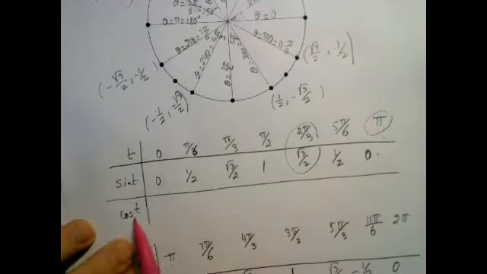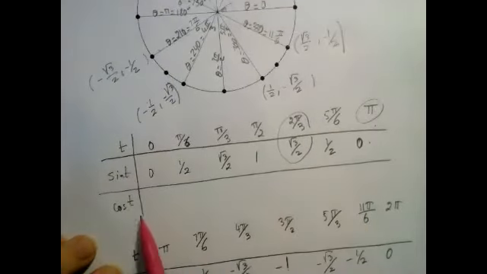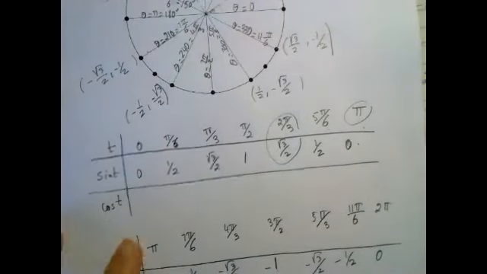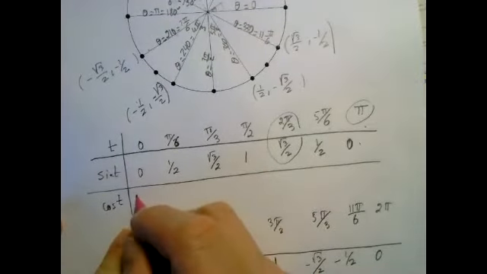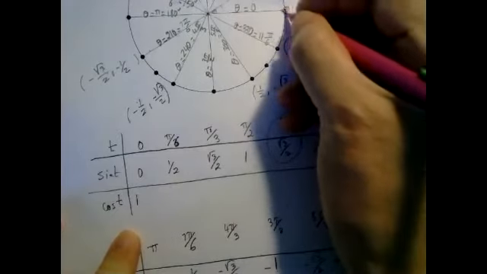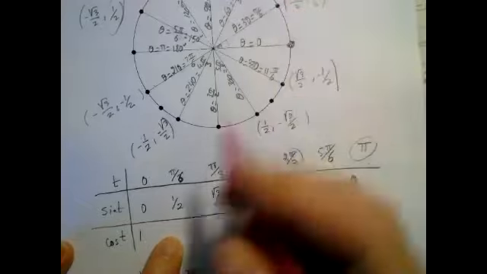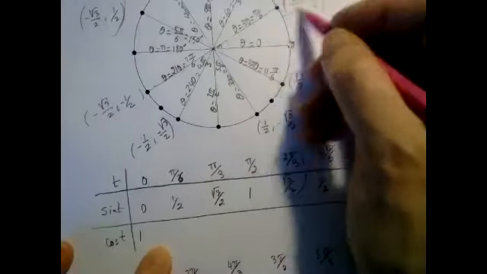Let's go back to the original picture here, if you guys are writing. Cosine of 0 is 1, the x-coordinate of this point right there. Cosine pi over 6 is the x-coordinate.